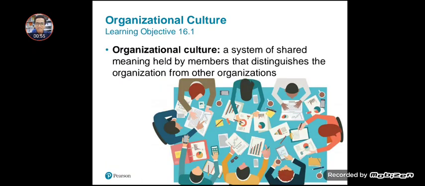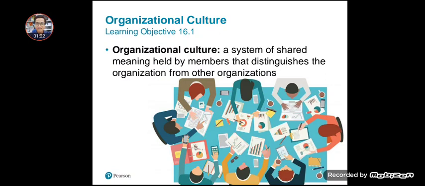Alright, let us look into the overview of organizational culture. Organizational culture is an important concept in studying how organizations behave. Culture is defined as a common perception held by the members of the organization, or a sense of shared meaning.